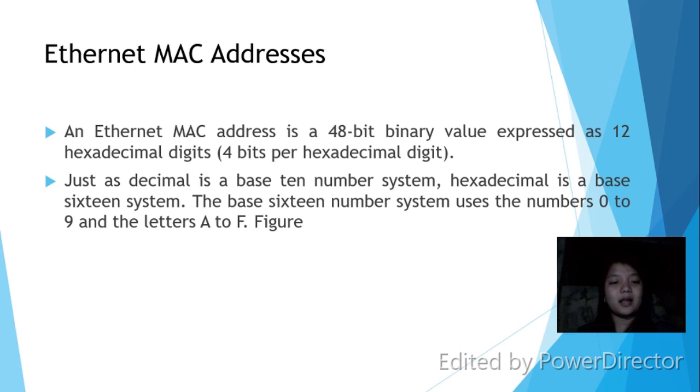Just as decimal is a base 10 number system, hexadecimal is base 16. The base 16 number system uses the numbers 0 to 9 and the letters A to F.